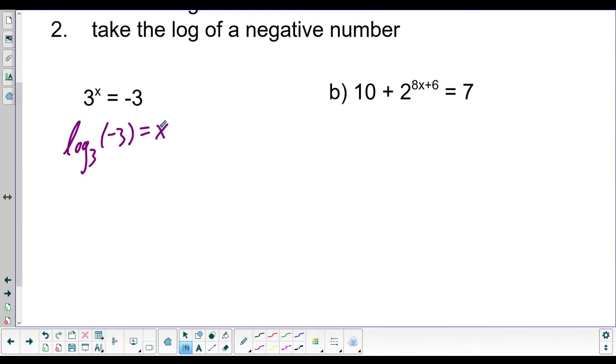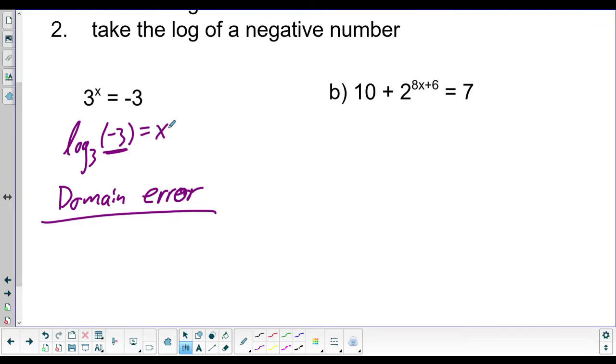So if we try and solve this problem, we do log base 3 of negative 3 equals x. If you type this into your calculator, log base 3 of negative 3, what do you get? It says domain error, or maybe math error. I think it depends on the calculator. My calculator says domain error. What this means is that with logs, you can't put negative numbers in.